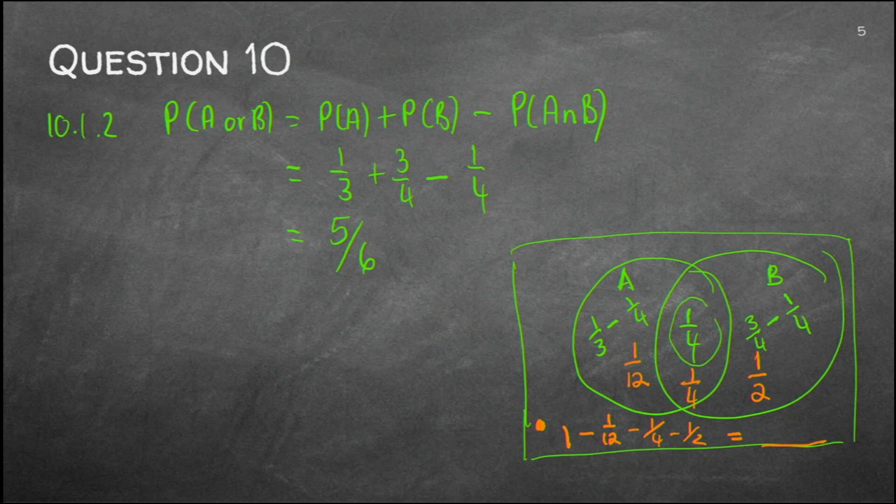Now, because they only asked literally for at least one event, they are referring to these areas in the two circles. So literally, I could have just added everything up by saying 1/12 plus 1/4 plus a half, and you would still get 5/6. Same answer. Doesn't matter how you approach it, just make sure you show every single step.